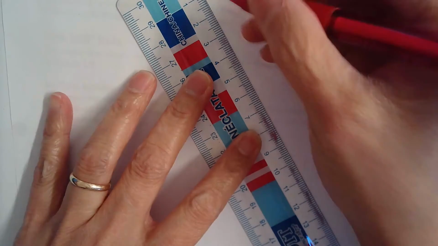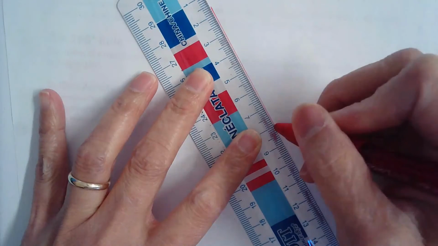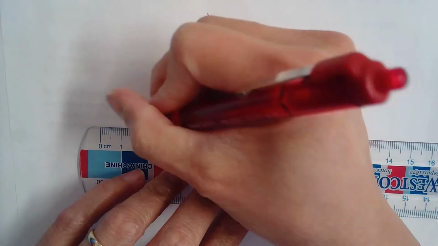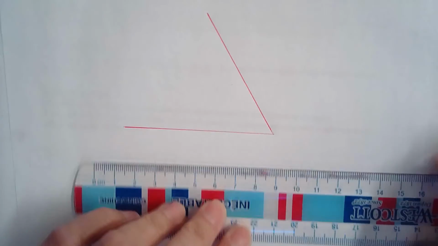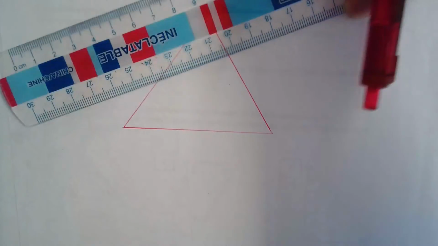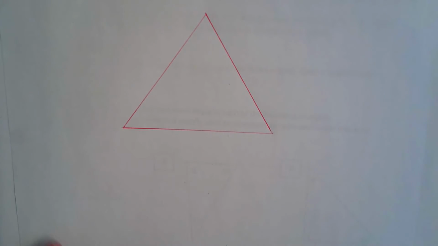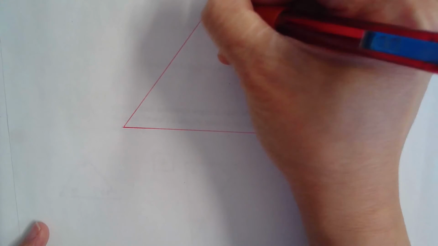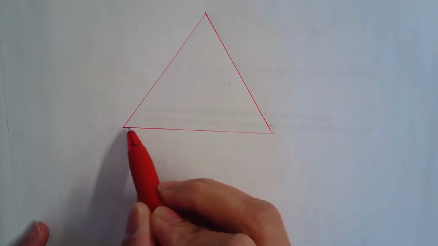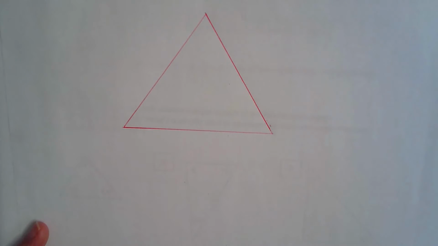So I'm just going to do a quick sketch of a triangle. We know what a triangle looks like. So here's a triangle. These lines here are called the sides, but where are the angles?